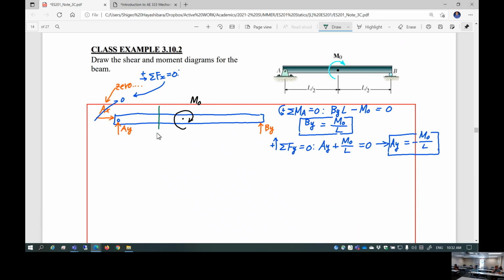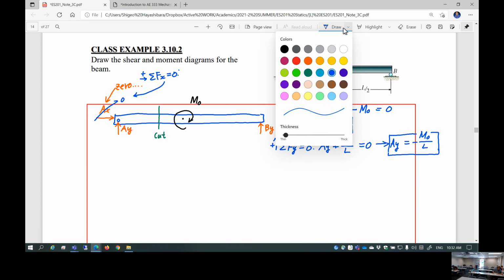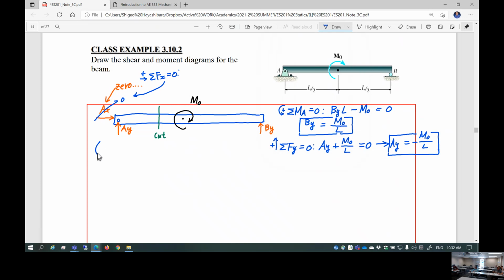Let's just introduce a cut here. For the range of x, once again, this is x. I'm going to set the coordinate.